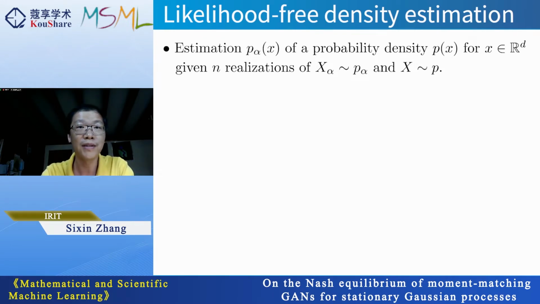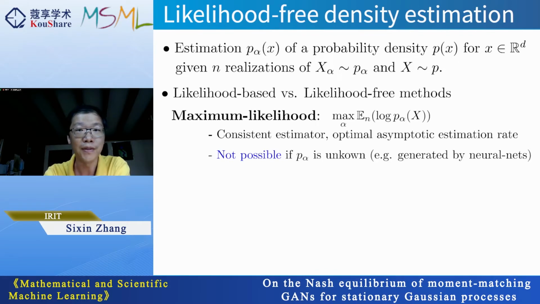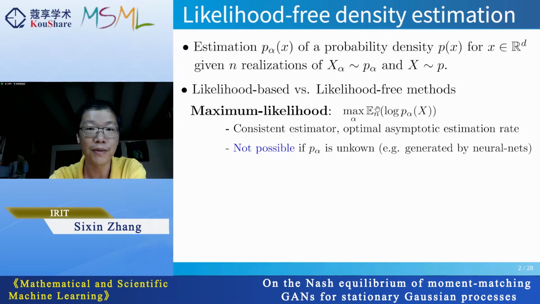So I start from likelihood-free density estimation. The goal here is to estimate a probability density P using a P alpha from n realizations of these two densities. In the literature, the classical way is maximum likelihood estimation, which is based on maximizing an empirical mean of the log likelihood function of the model by using n samples from data.